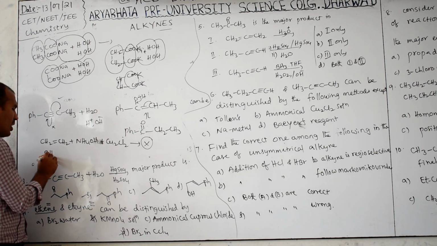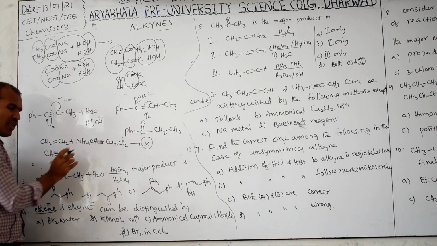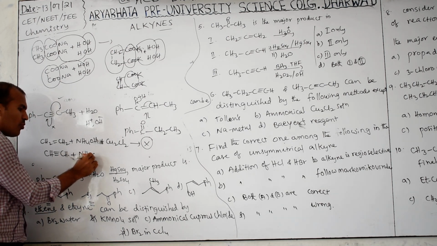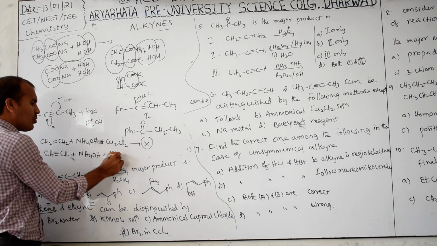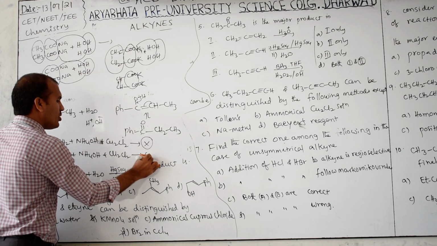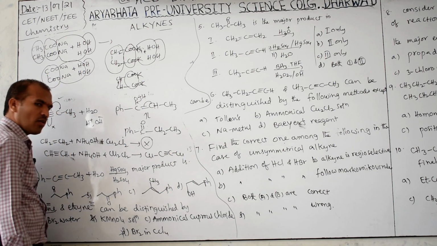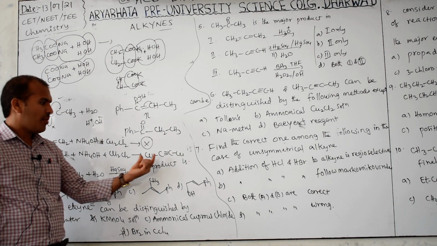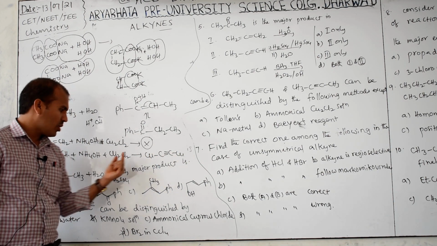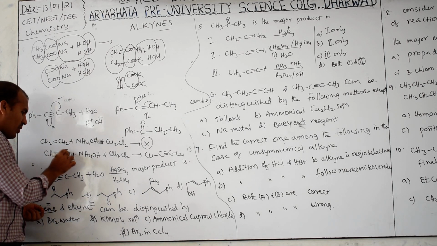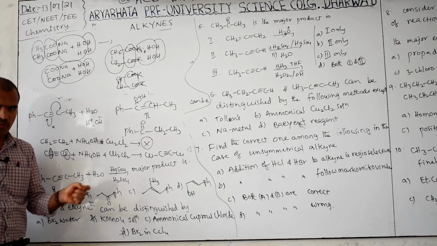Now alkyne, this is one of the alkynes. This reacts with NH4OH plus Cu2Cl2. Then you will get C triple bond Cu. This is called copper acetylide. It means both hydrogens are acidic hydrogens. This hydrogen is replaced by copper.